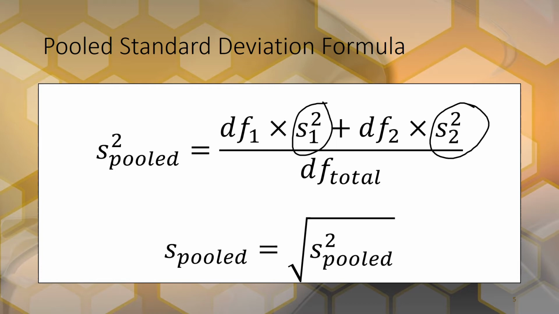So what we do is we use the degrees of freedom to find it, which is related to the N's, the sample sizes. What this does is give more weight to the one with the bigger degrees of freedom, or the bigger sample size. So we're basically averaging the 2 sample standard deviations, but giving more weight to the one with the larger sample size.